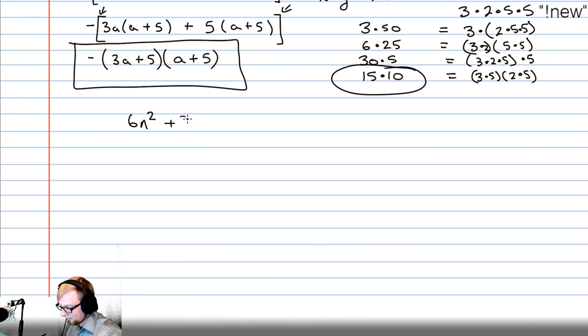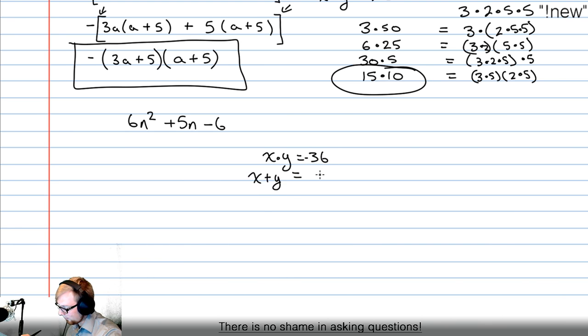Alrighty, so far I have 2 and 18, 4 and 9, 12 and 3, and 6 times 6. That should be it. Now, just by looking at them, I know that the 4 and 9 are the ones I need, and the 9 has to be negative. Or the 4 has to be negative.